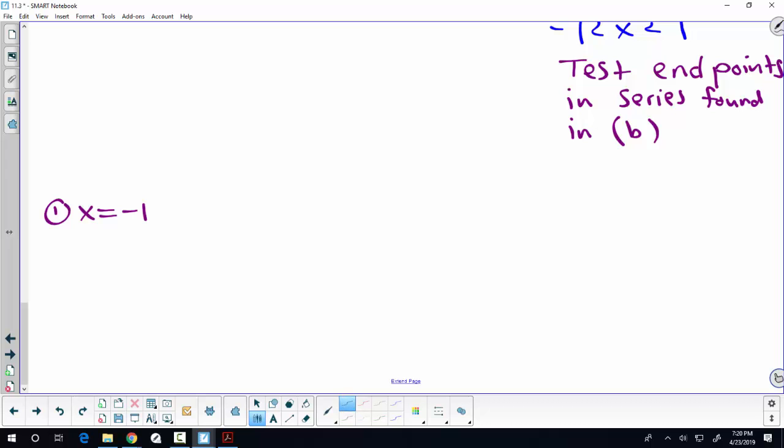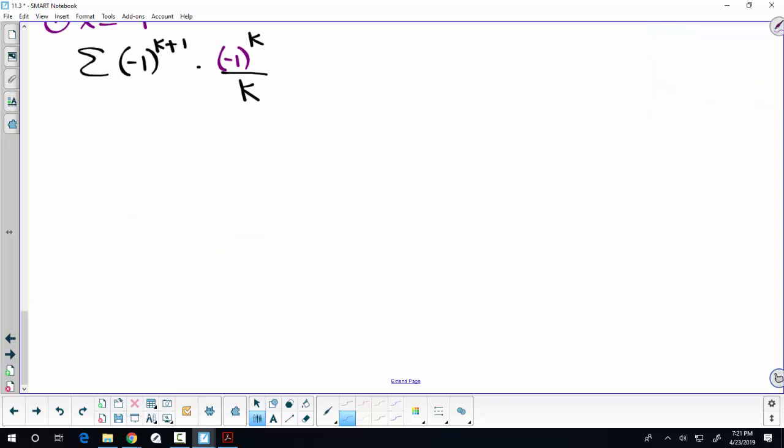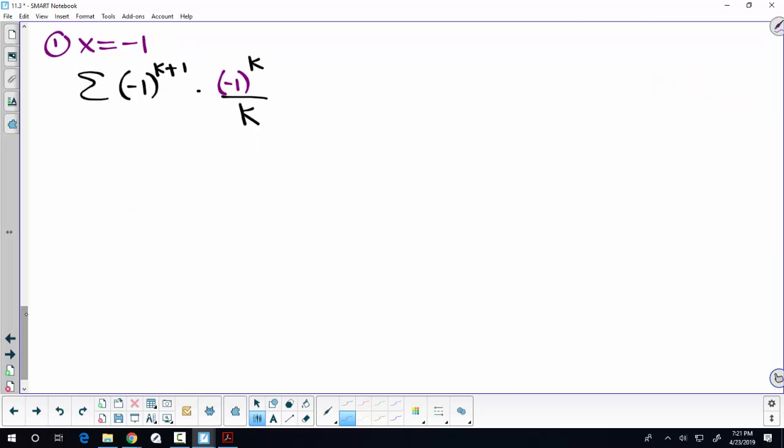So when x equals -1, the series that we had, -1 to the k plus 1 times x to the k over k, becomes -1. Then we have to ask ourselves, what does that particular series do? Does that series converge or does it diverge? Let's see if it is an alternating series.